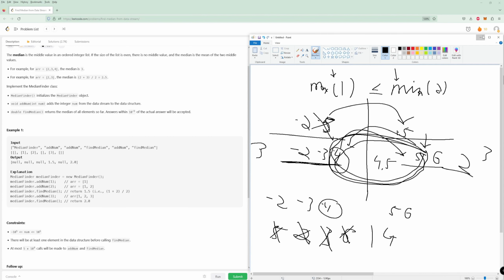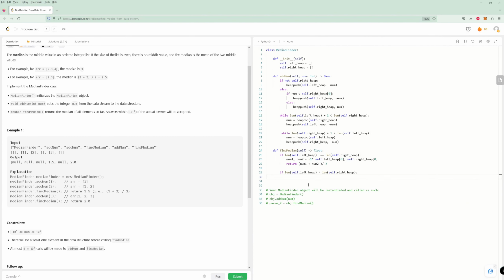So that's pretty straightforward. So return negative self.left heap[0]. I'm writing it this way just to make it more clear, but I think just negative would work as well. Okay, and then the last case is that the right side is bigger, so then pretty straightforward, return self.right heap[0].